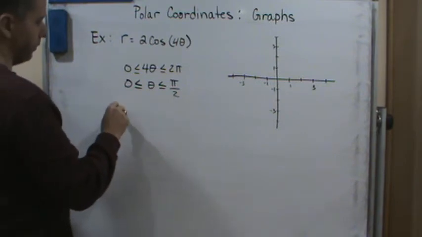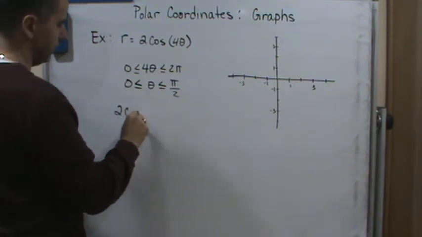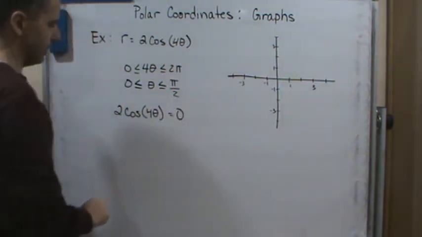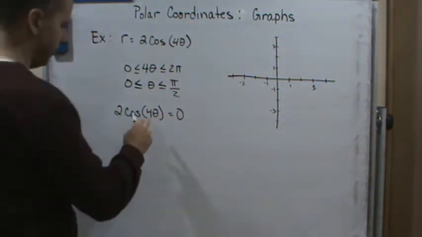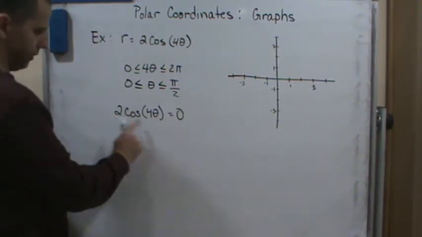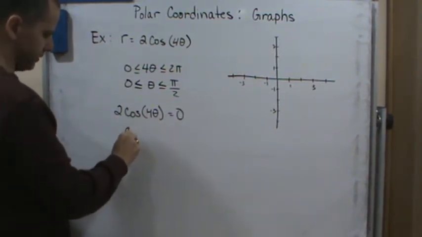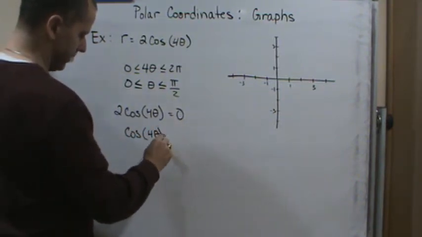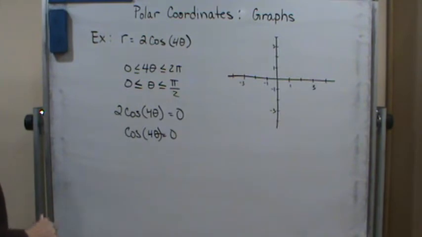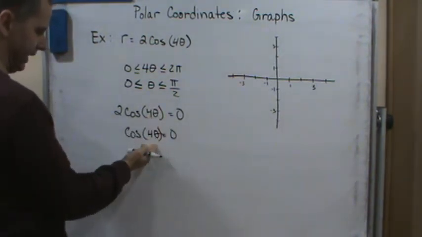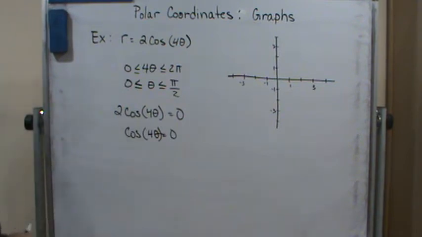If we have 2 cosine 4 theta, and we want that to equal 0, then if we divide both sides by 2, this just says that cosine of 4 theta has to equal 0. We know the cosine of an angle is equal to 0 when the angle is pi over 2.